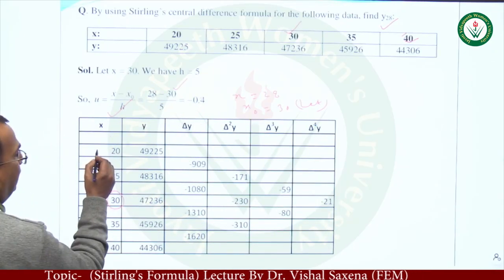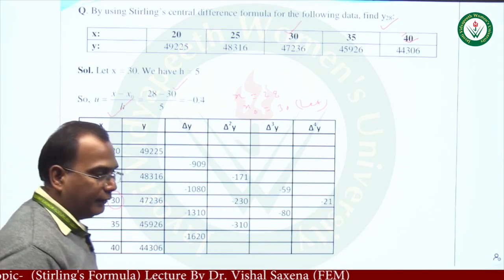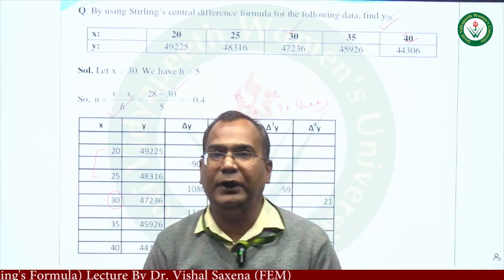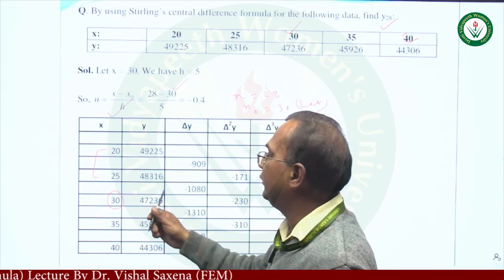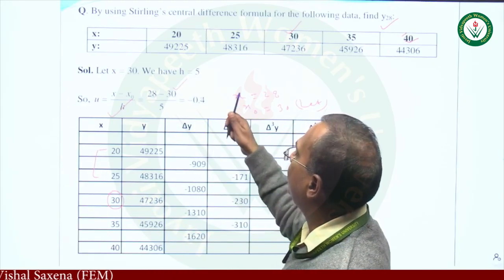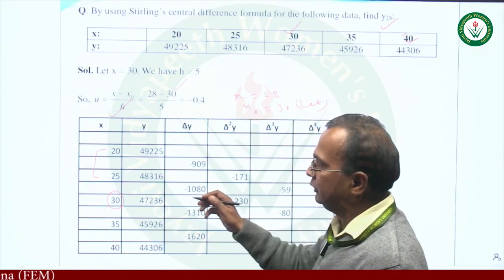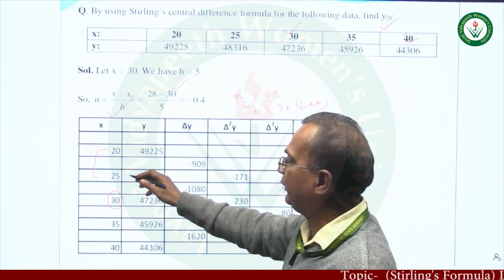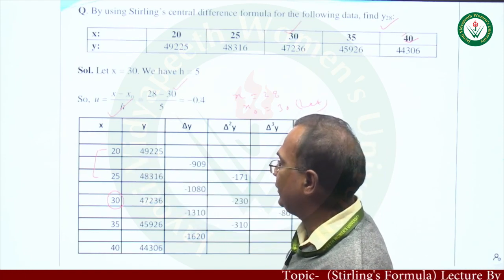H is equal to 5, because the width of the class interval is 5. So it is 25 minus 20, and this is 5.